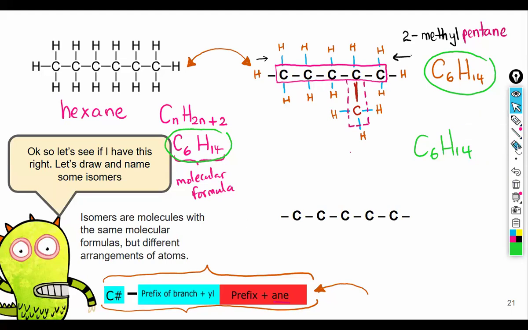A molecular formula only tells you the amount of carbon and the amount of hydrogen. It doesn't tell you how the carbon and hydrogen are arranged. For you to buy the correct thing, I either have to give you the full name, I have to say, hey, go buy hexane, or go buy what?